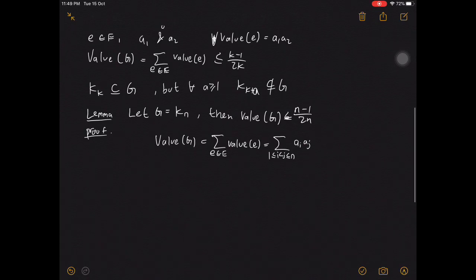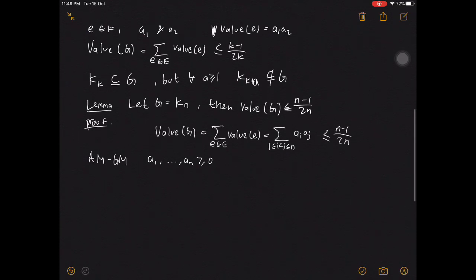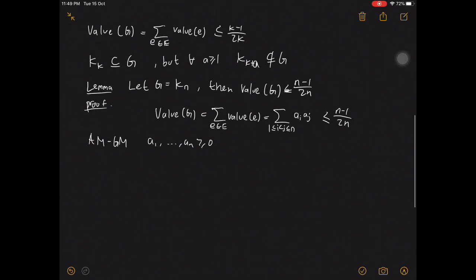Now we want to prove that this value is less than or equal to (n minus 1) over 2n. Looking at this inequality, we suppose to use the arithmetic and geometric mean. Since a1 up until an are non-negative real numbers, we can use this arithmetic and geometric mean.